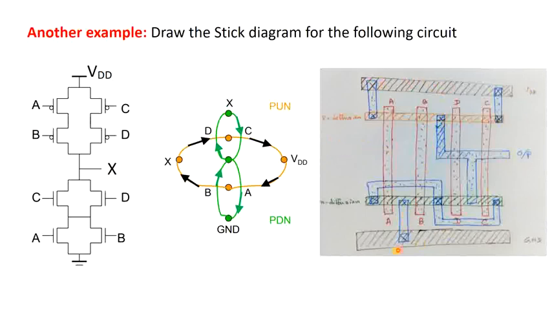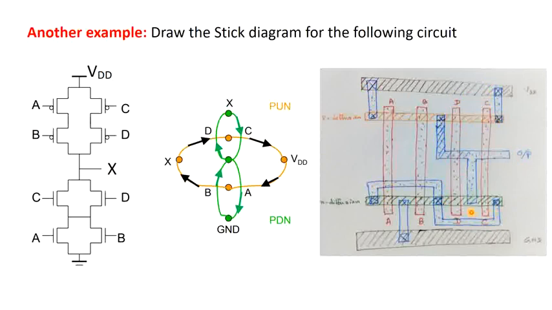So here it is VDD, ground, N diffusion, P diffusion. These are the polysilicon lines, four polysilicon lines for gates A, B, D and C. These are the metal connections, this is the output, and these are the internal connections.